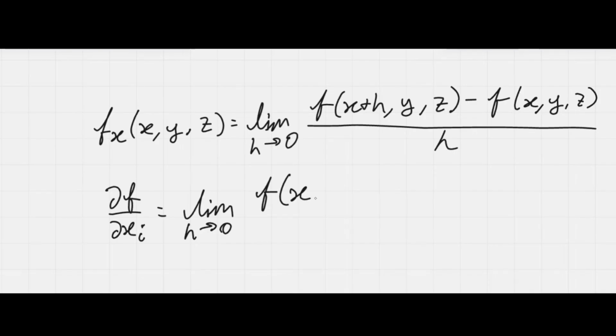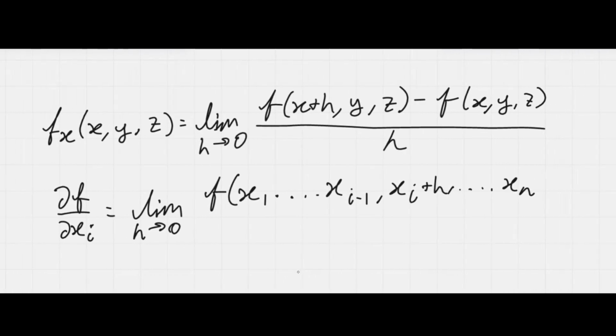And then we could have any number of variables inside of our function. So we start off from x sub 1, dot, dot, dot, and then we could go to x sub i minus 1, and then we go to x sub i, and then we put our plus h in there, and then we can continue on to dot, dot, dot, and that can be for any n number of variables. And so let me scroll so that you can see this whole function.